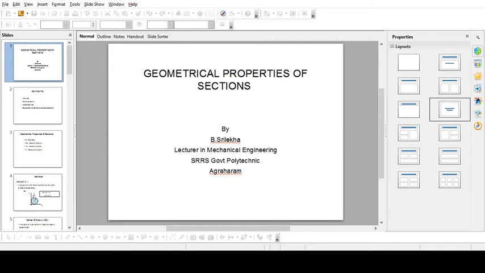Next, let us look at the centroid of the following problem, that is a T section.